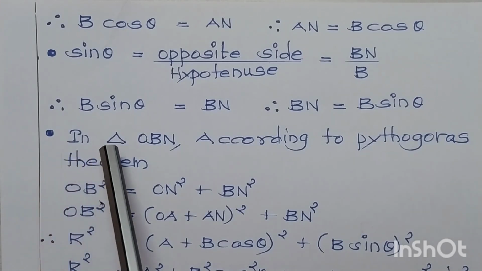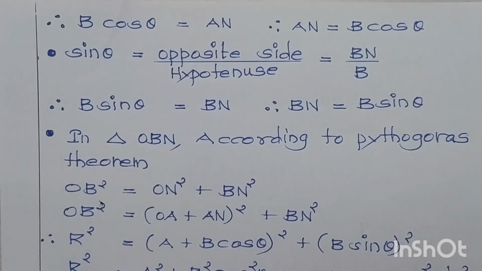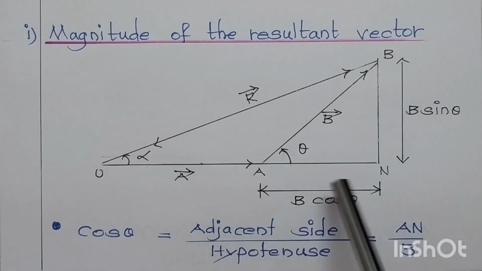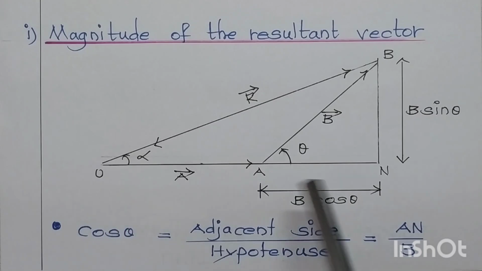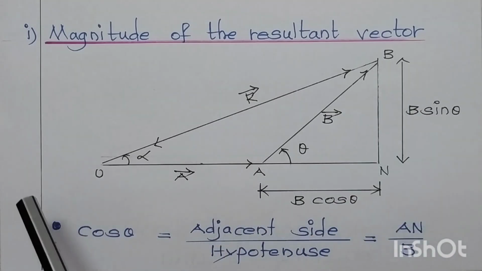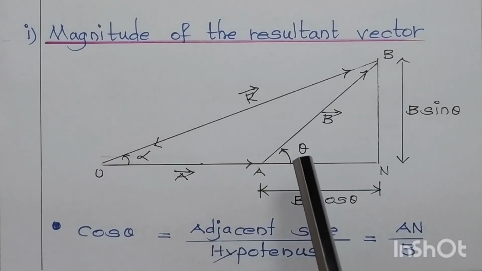Now, in triangle OBN, according to Pythagoras theorem, for our better understanding, we have taken the diagram once again. In this diagram, let us consider the larger triangle OBN, this one. For this, we are going to apply Pythagoras theorem.